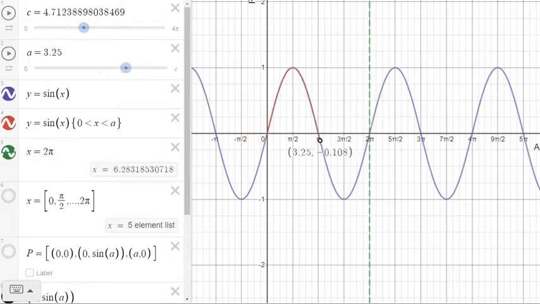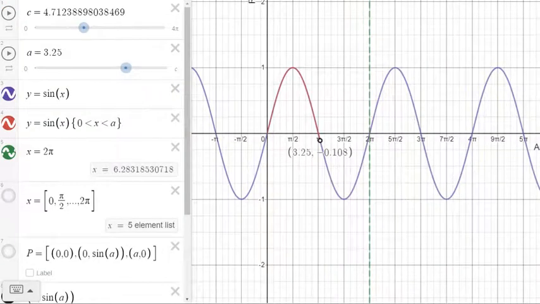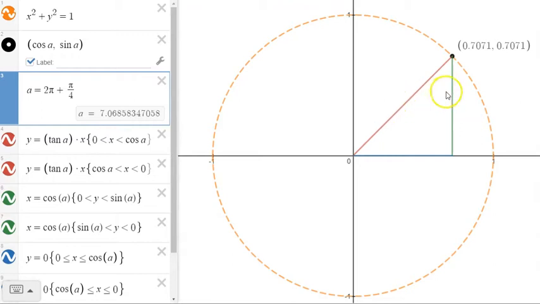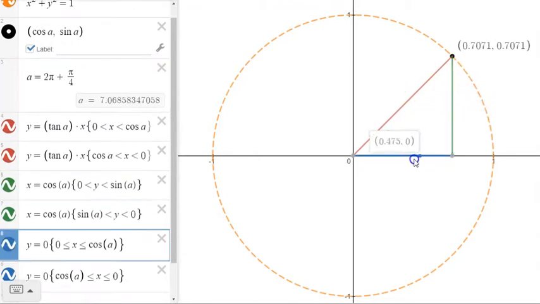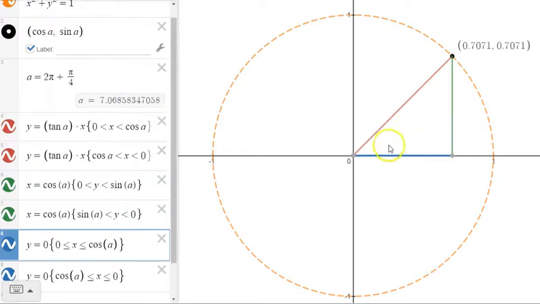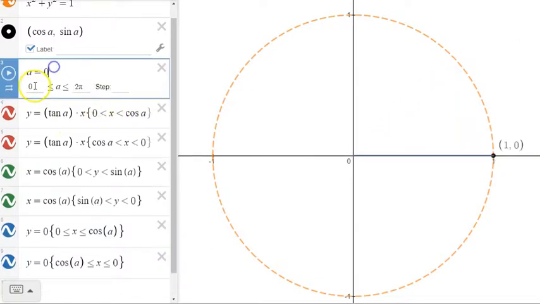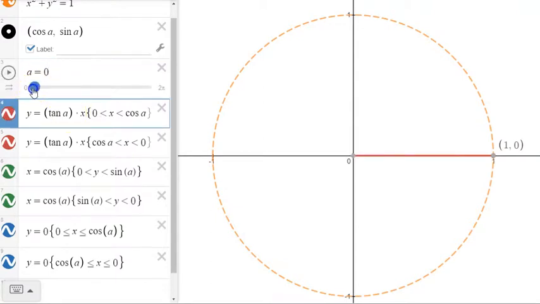Now, regarding the cosine function, what you can see with the unit circle here is the relationship between sine and cosine. When the adjacent is really big, the opposite is quite small.